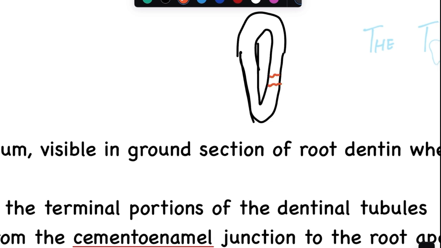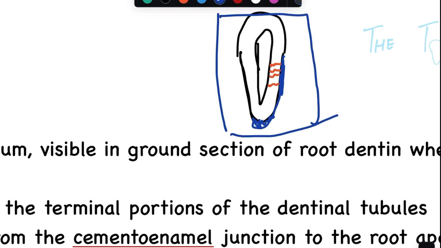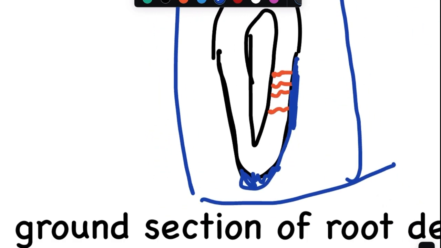And this is my cementum. Let's say outside over here I have cementum. Now I took a cross section, so I cut this tooth like here. These dentinal tubules which had some branching over here, they would get cut.